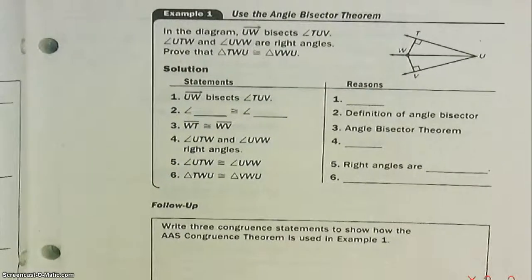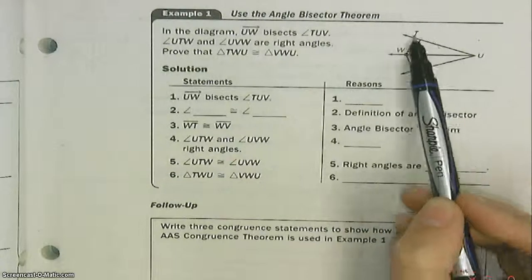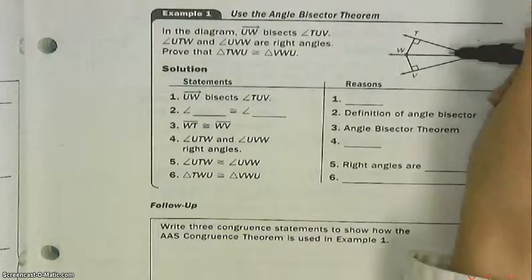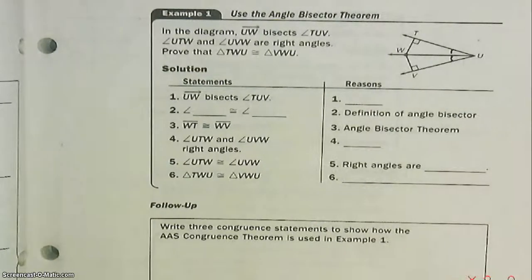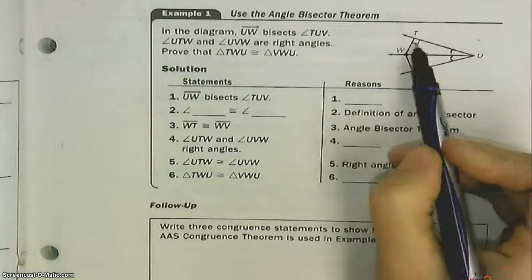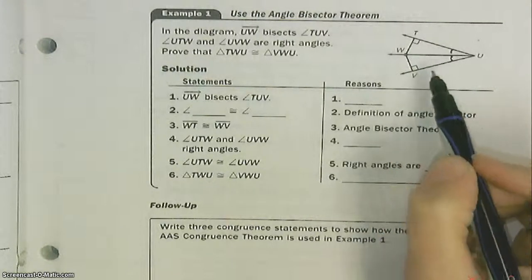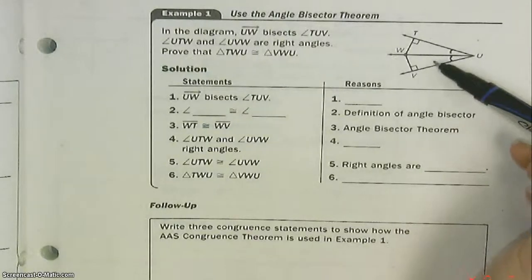In the diagram, ray EW bisects angle TUV. So right off the bat, I know that it cuts this angle into two equal pieces. Then it says UTW is a right angle and UVW is a right angle. I have to prove that this triangle is congruent to this triangle.